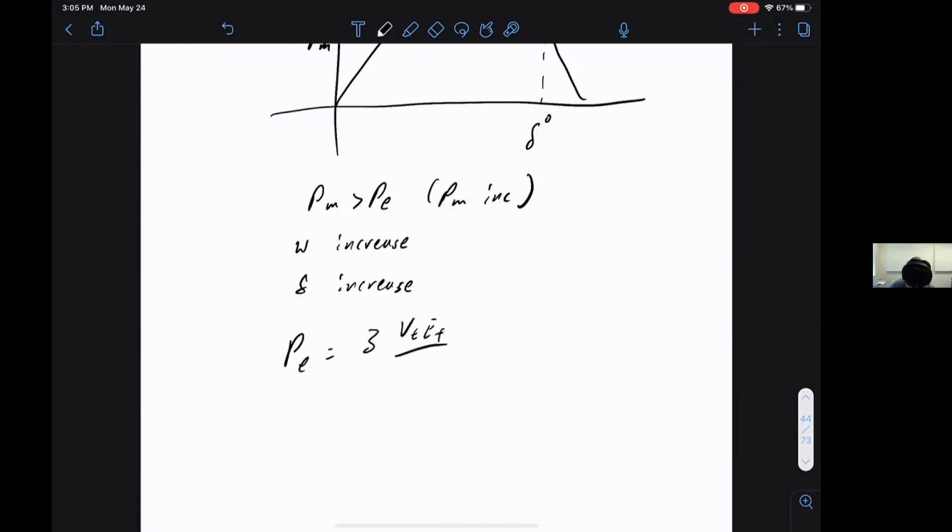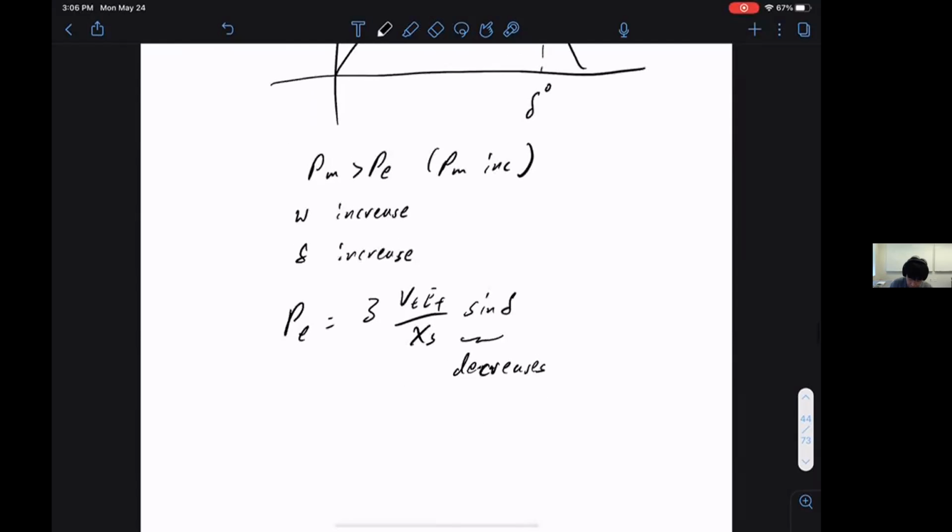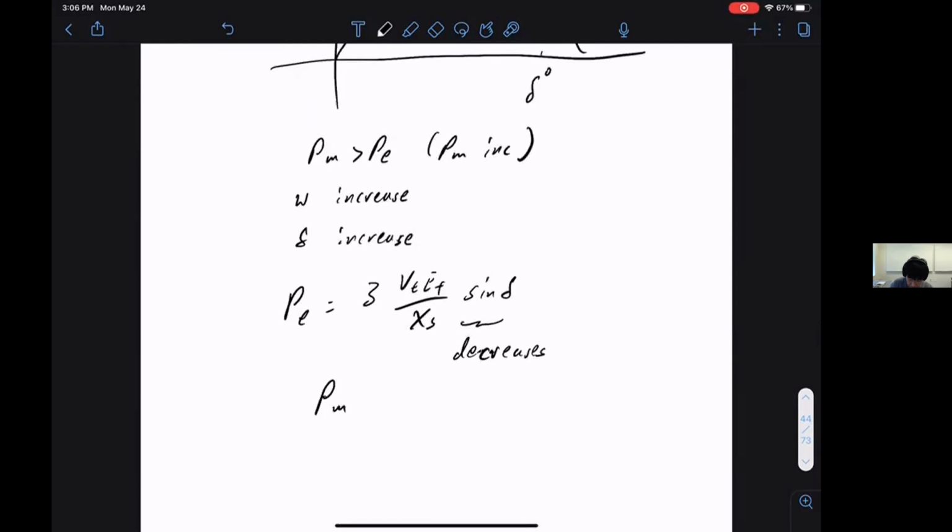Does this increase or decrease? It decreases, because you're at the other side of the sine. At this point, increasing the angle will decrease sine. So PE decreases, and PM minus PE is even larger.